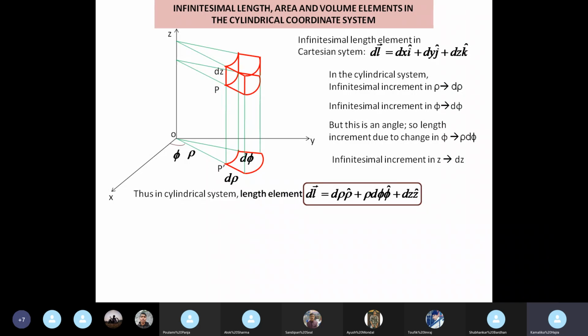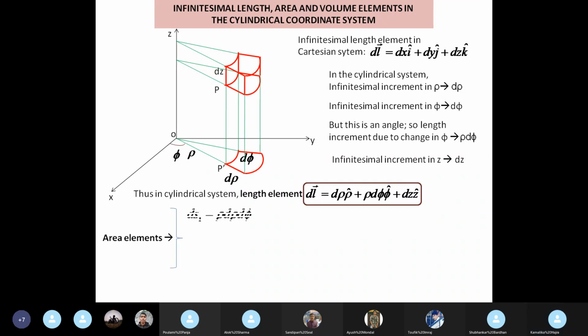Yes? Yes, madam. Okay. So next we quickly write down the area elements. Since we know the line elements along the three directions, it is easy to write down the area element, because we know for each area it is length into breadth. It is the product of two line elements.